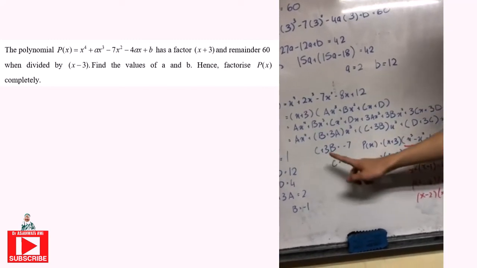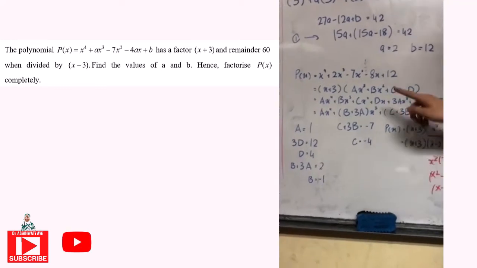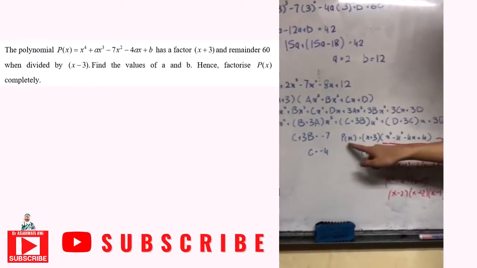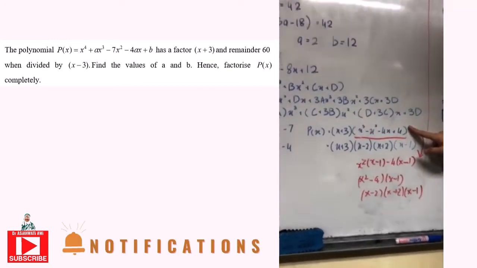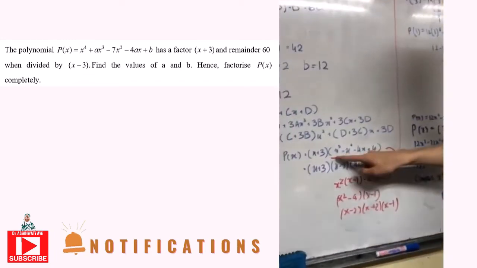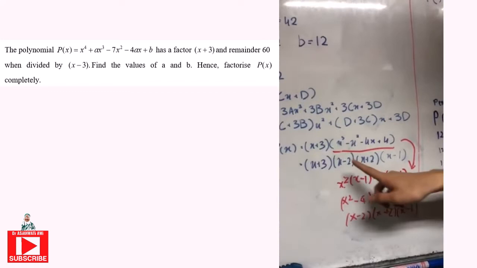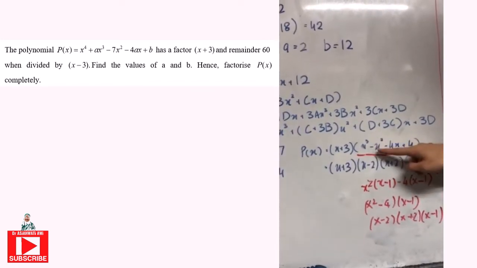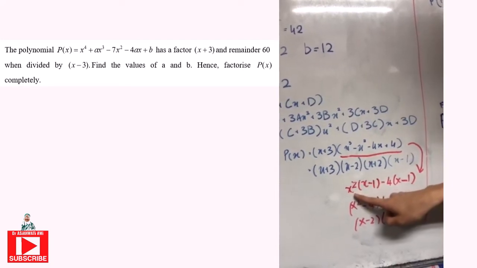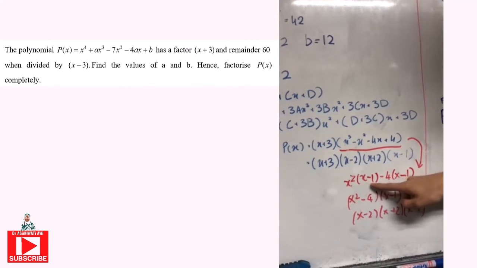After we get the values of a, b, c, d, we substitute these four values into this cubic equation and we get this form. But we should not write it like this; we should also factorize this into a simpler form. From x cubed minus x squared, we factorize x squared out to become x squared (x minus 1).